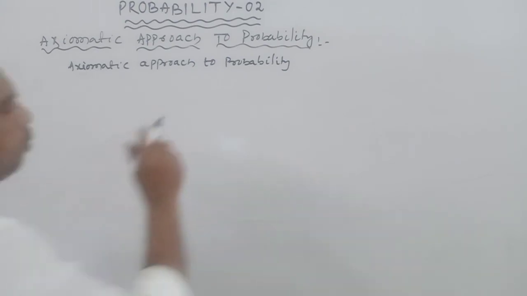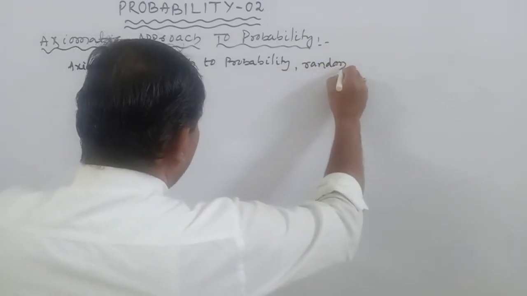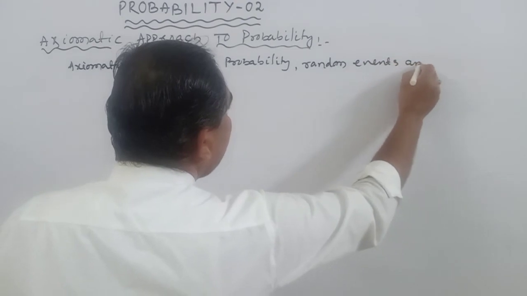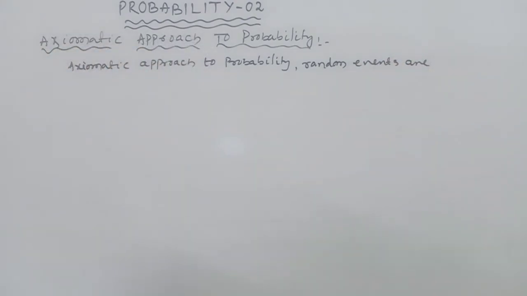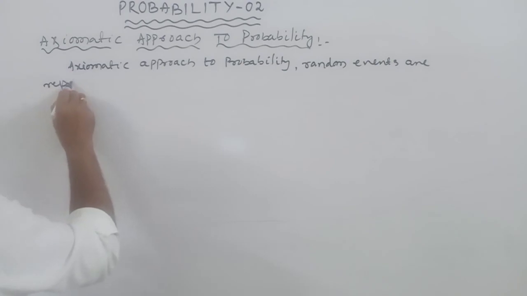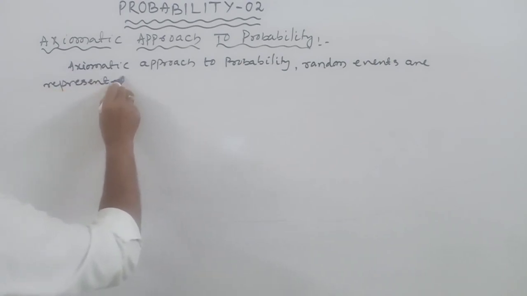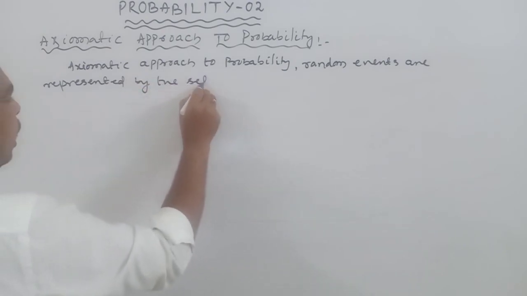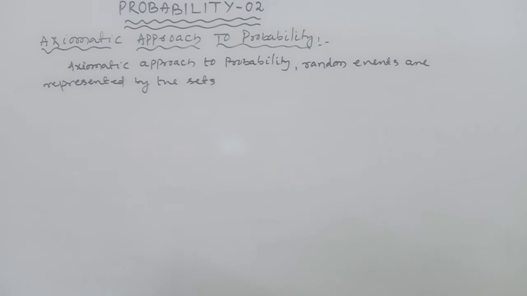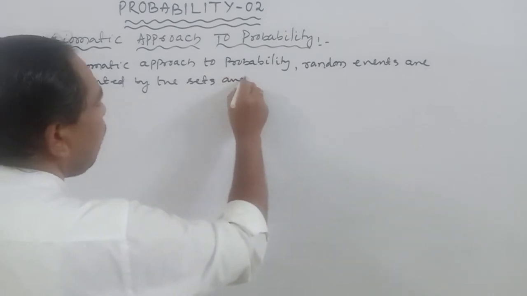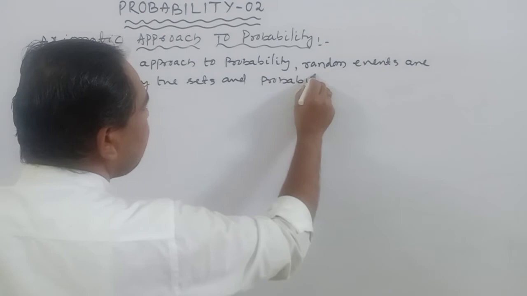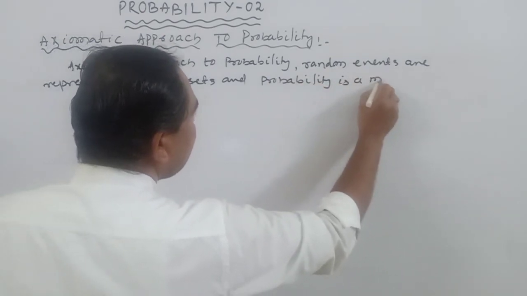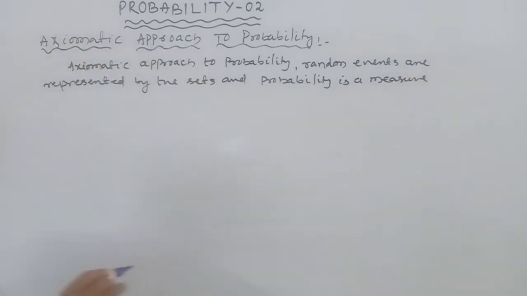Random events are associated or represented by sets, and probability is a measure defined on these sets.